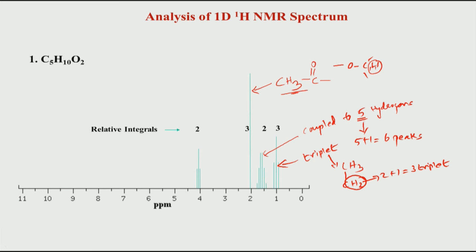So, this particular CH3 peak, because there are 3 hydrogens, shows an integration value of 3, and it could be attached to a CH2, because of which there is a coupling between these two, this methyl and this methylene. Because there are 2 hydrogens, this methyl will show a triplet, and that is what you see here.